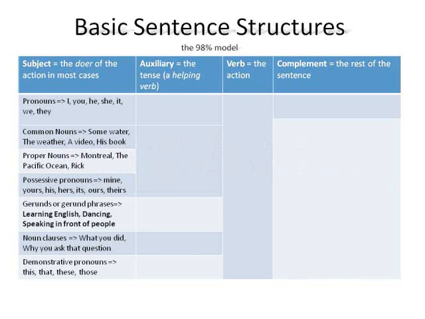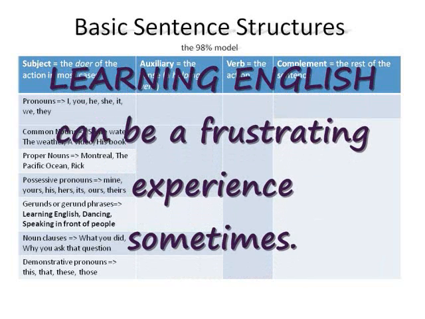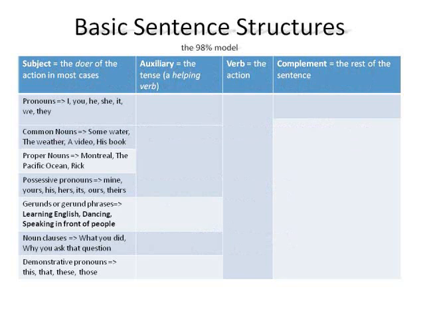Gerunds or gerund phrases could be used as subjects. An example would be learning English, dancing, speaking in front of people. For example, in a sentence, learning English can be a frustrating experience sometimes. Noun clauses, for example, what you did, why you asked that question.